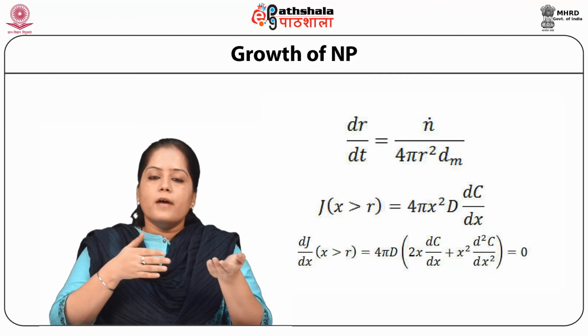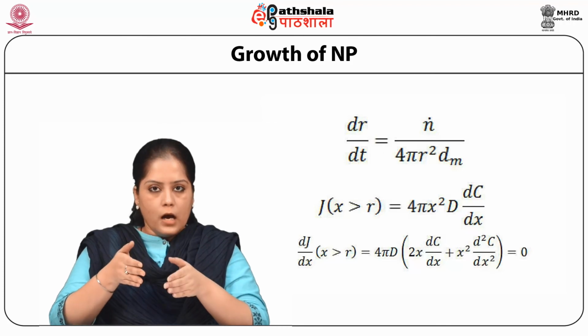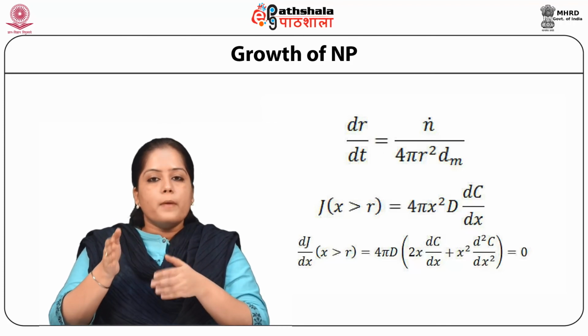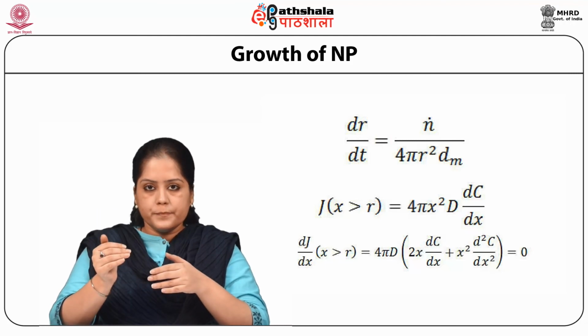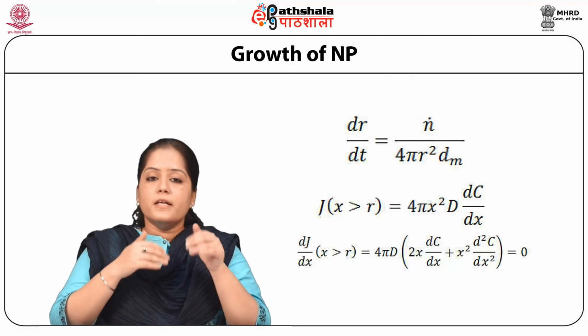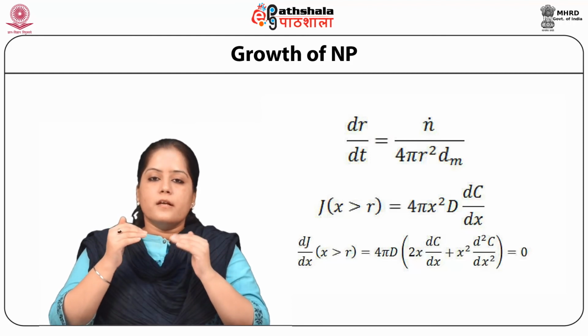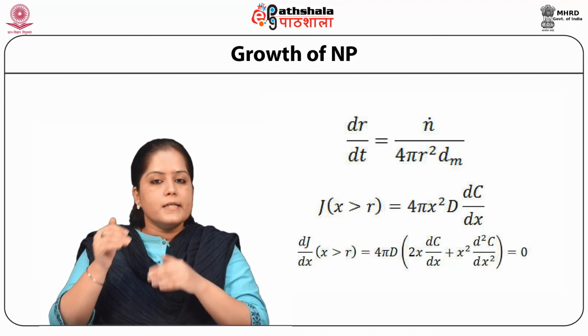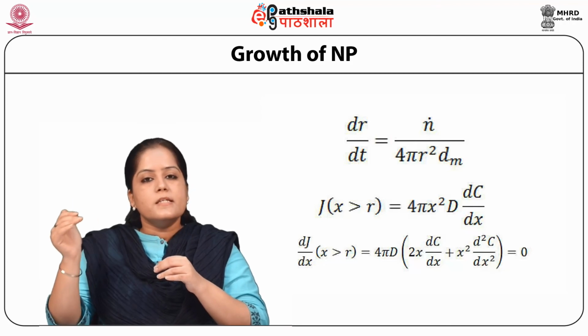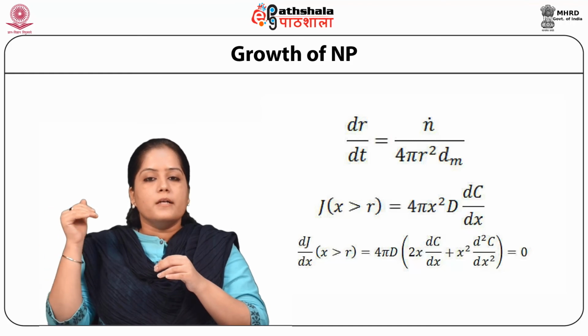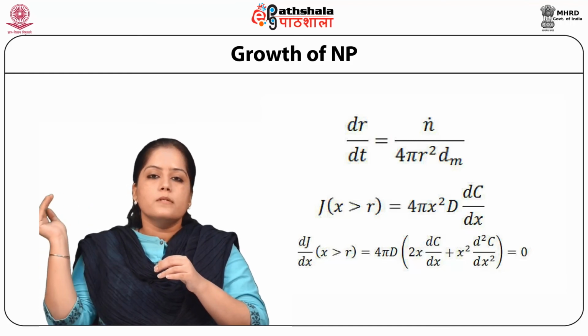So J as a function of x greater than r equals 4πx² D multiplied by dC/dx. So dJ/dx for x greater than r equals 4πD multiplied by (2x dC/dx + x² d²C/dx²), which equals 0.